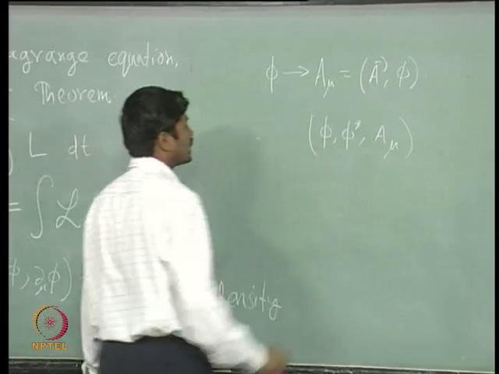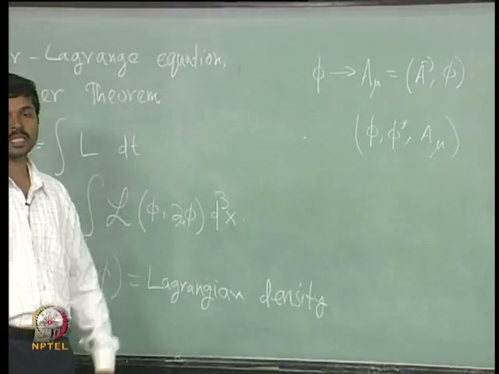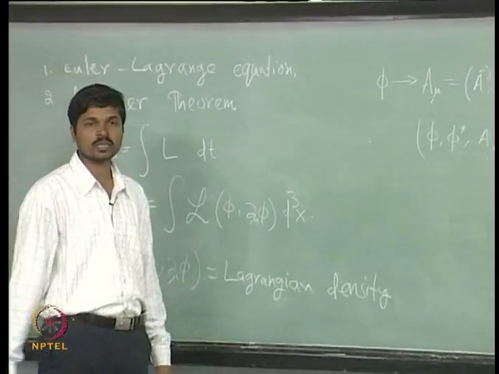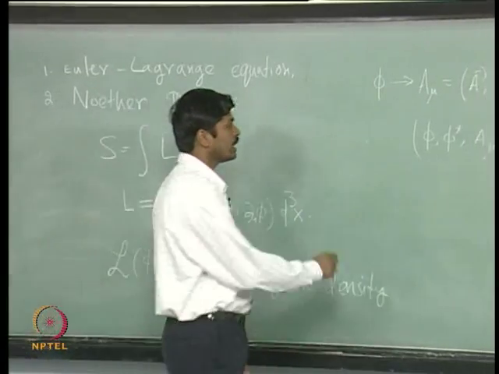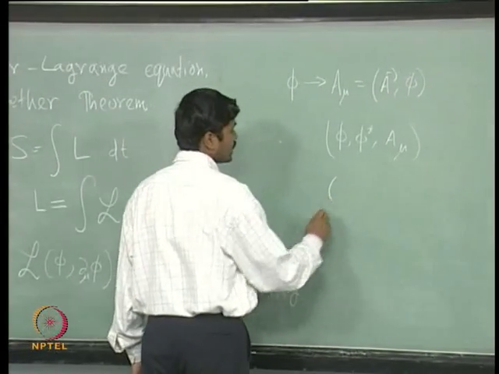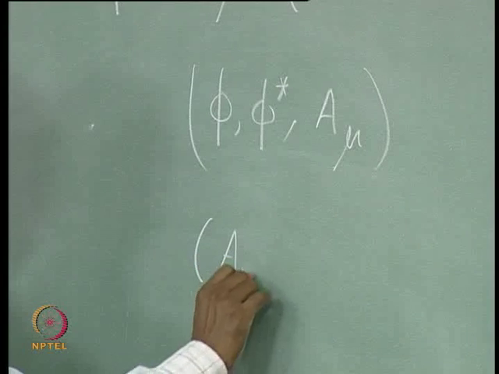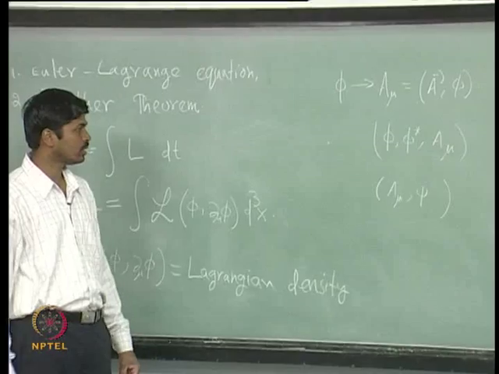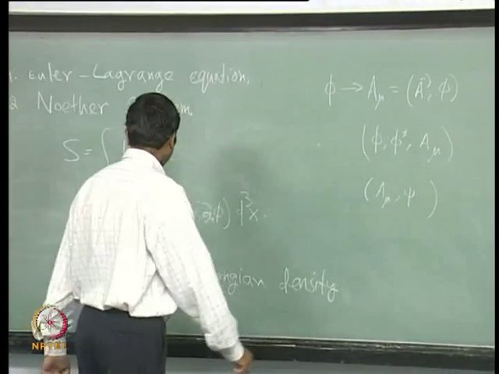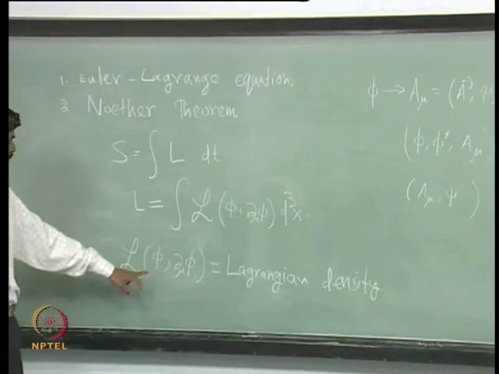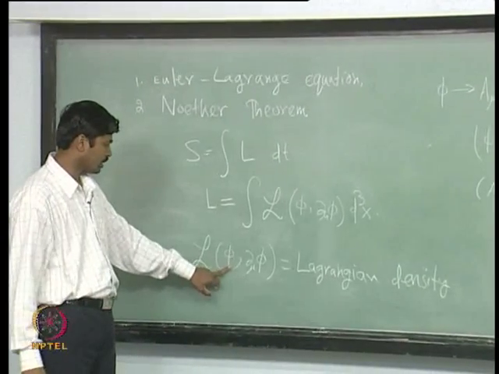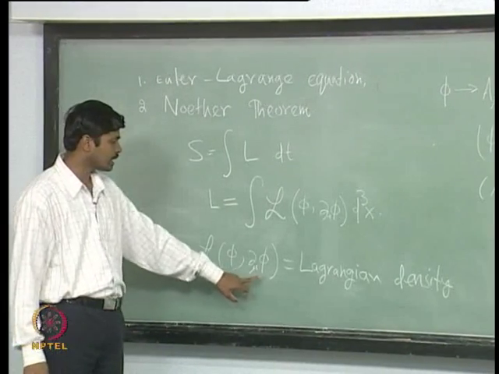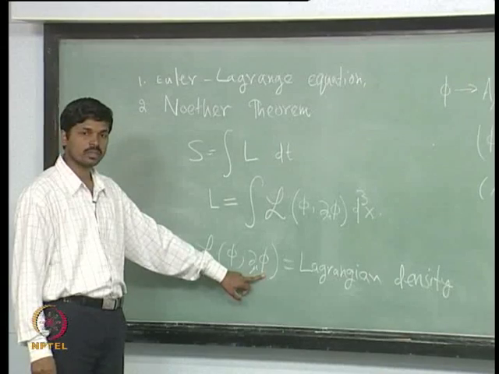If you consider an electron interacting with the electromagnetic field, then the fields in question are A mu and psi, which represents the field for an electron. So, depending on the system, we have the field phi and its derivative del mu phi.